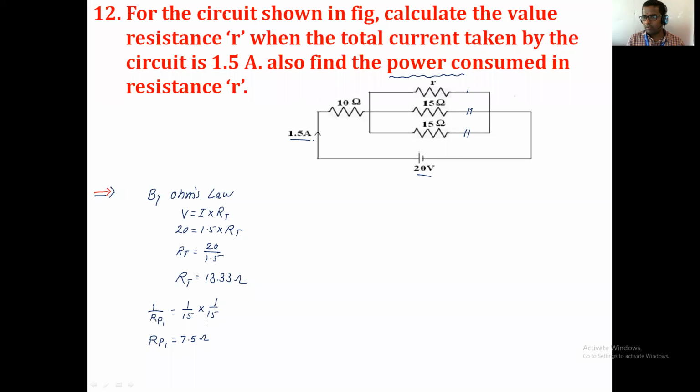Our trick: when two resistances are connected in parallel and have equal value, the total resistance is exactly half of that resistance. So the parallel branch resistance is 15 ohm, and its total resistance is 7.5. Is that clear? If not, you can calculate it on your calculator and check it.